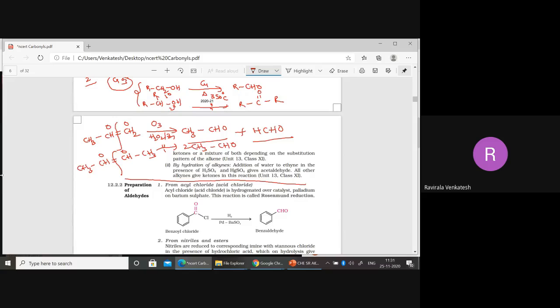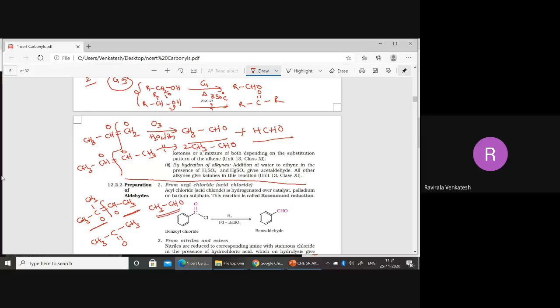For example, if I take CH3 C double bond CH3, with another CH3 like this, and again break the bond here, put one oxygen here, put one oxygen here. Now we are going to get CH3 C double bond O CH3, this part, and this part we will get CH3CHO.